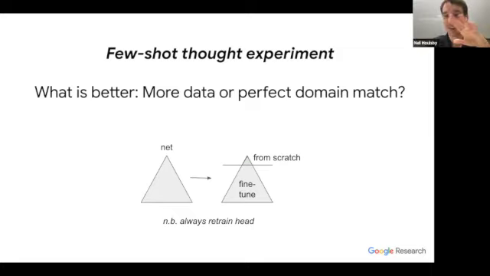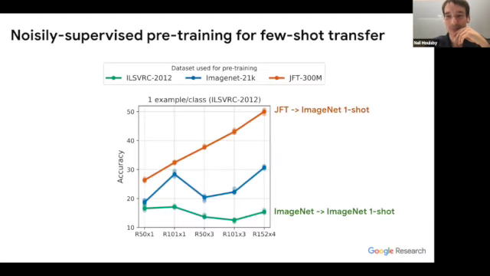Okay. Normally when I ask this, I get about a 50-50 split. But your hypothesis was on point, Miguel. It was more data, and we're very surprised by how much of a difference this made. On the x-axis, we have architecture size, and the green line is pre-training on ImageNet.